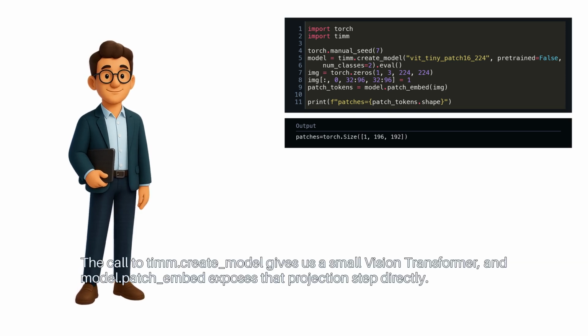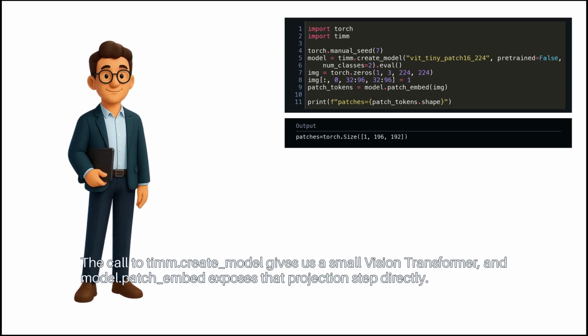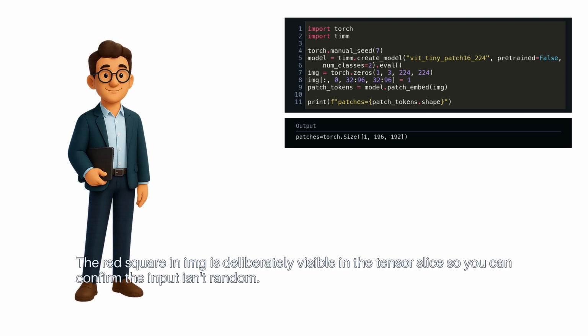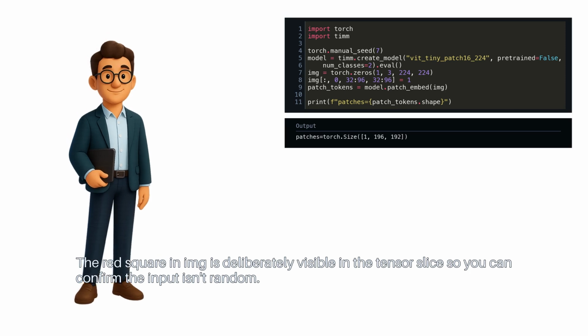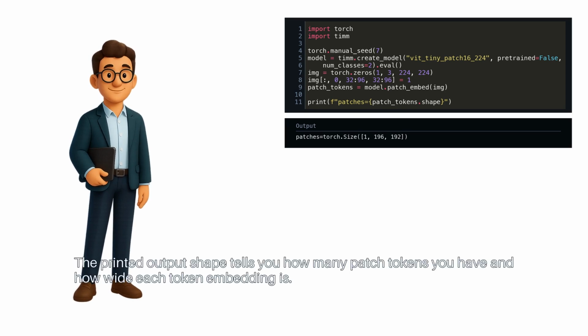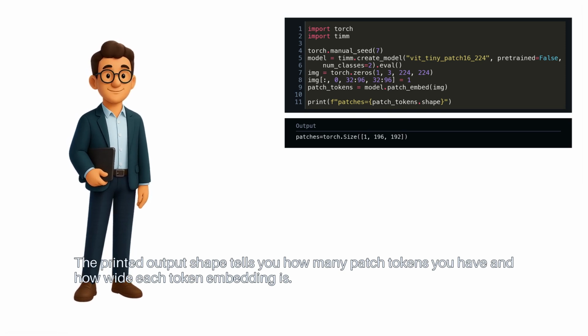The call to timm.create_model gives us a small vision transformer, and model.patch_embed exposes that projection step directly. The red square in img is deliberately visible in the tensor slice, so you can confirm the input isn't random. The printed output shape tells you how many patch tokens you have and how wide each token embedding is.